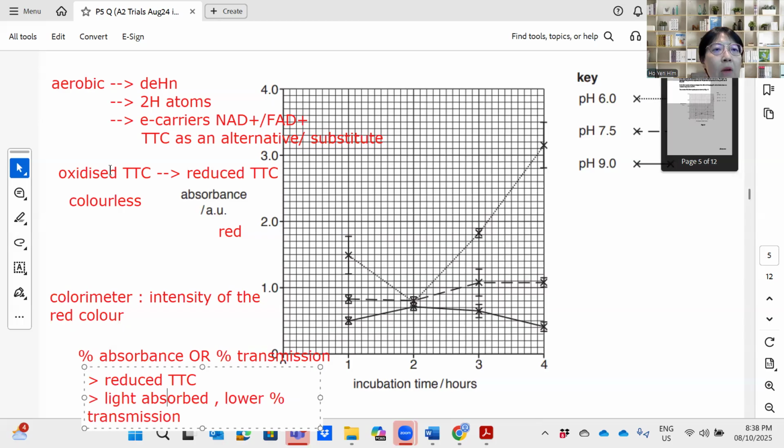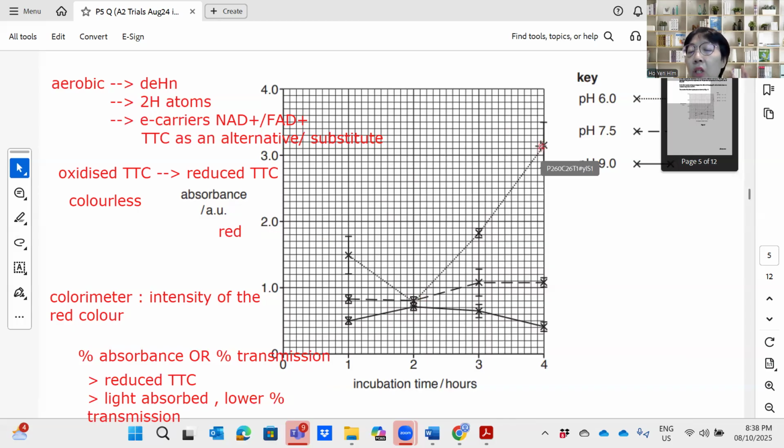So now this is the reading. The absorbance means how much of the TTC is produced. The more the TTC, the more the absorbance in arbitrary units. So you can see that among all the points here, the highest point is this point here.